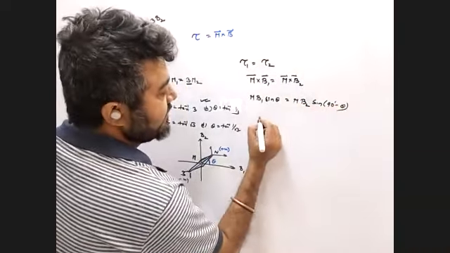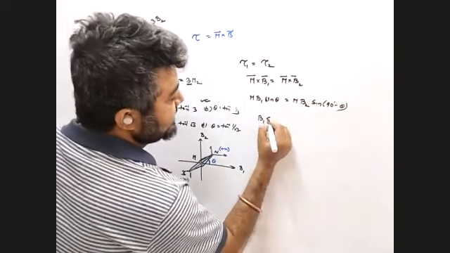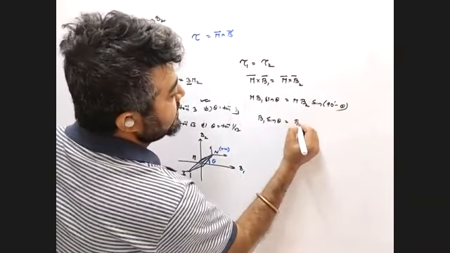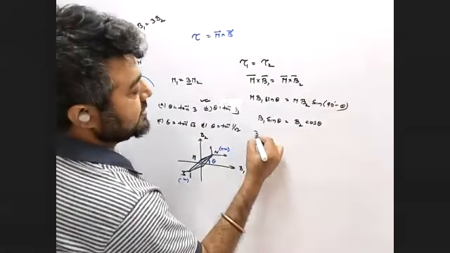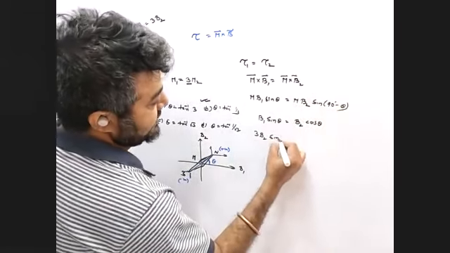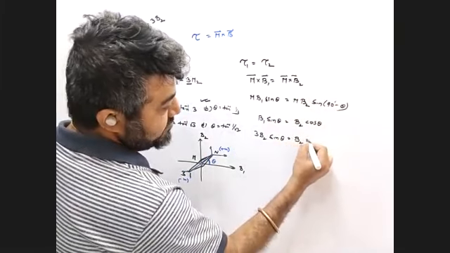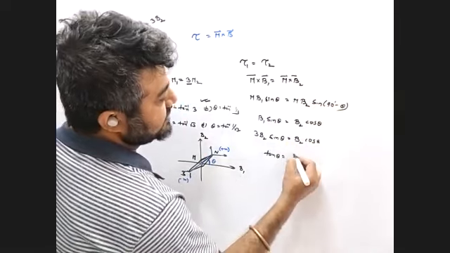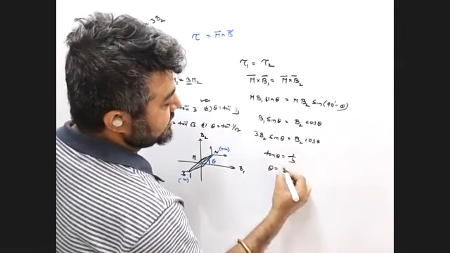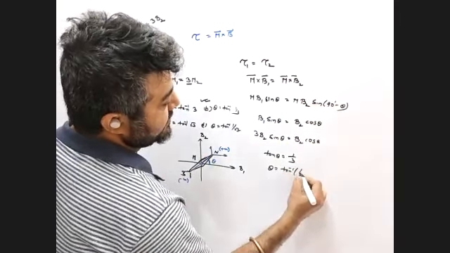So B1 sin theta is B2 cos theta, 3 B2 sin theta equals B2 cos theta, tan theta is 1 by 3, theta is tan inverse 1 by 3.